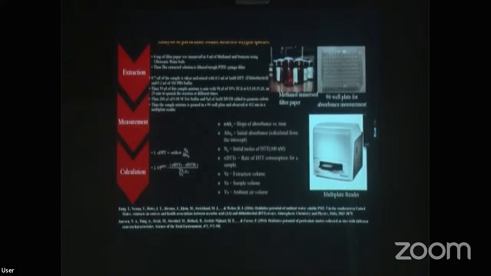In spite of ascorbic acid, we did this DTT method, using PBS to control the experiment dynamics, and it is an optical method using 96 wells with plate readers. Anyhow, this gives us the variation of the reactive oxygen species present in particulate matter.